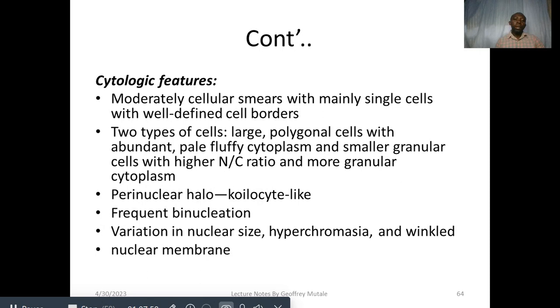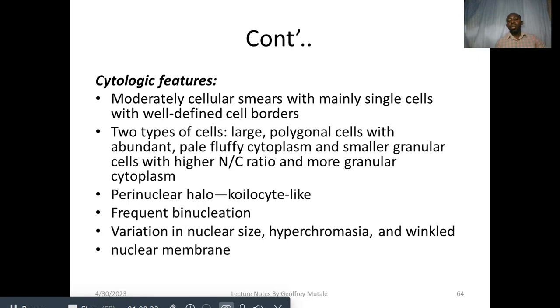Cytological features may include moderately cellular smears with mainly single cells with well-defined cell borders, and two types of cells where we may appreciate the large polygonal cells with abundant pale fluffy cytoplasm and smaller granular cells with higher nucleus to cytoplasmic ratio and more granular cytoplasm.